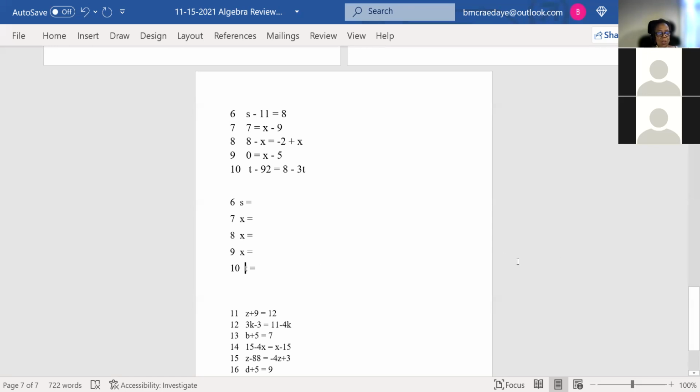Hey, Maureen, the first one. What is S equal to? I get 3. How did you get 3? I drop 3 from 11, get 8. This says S minus 11 equals 8.